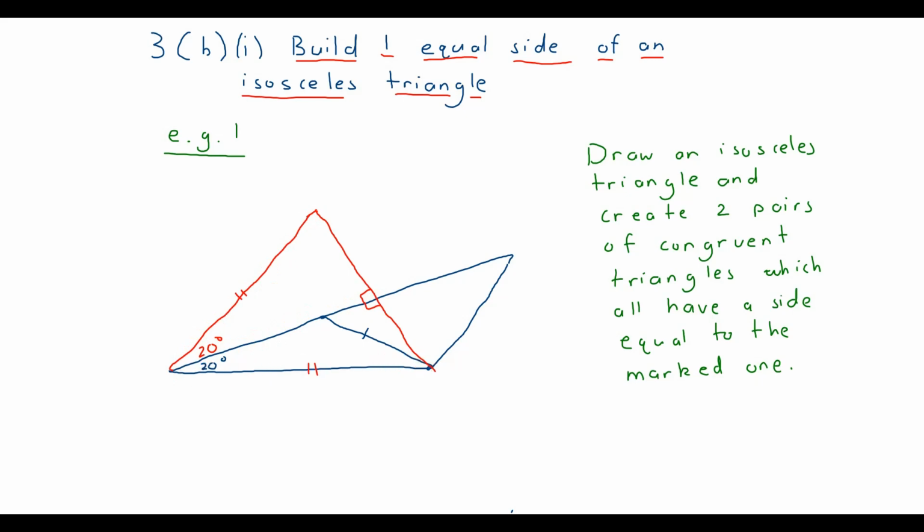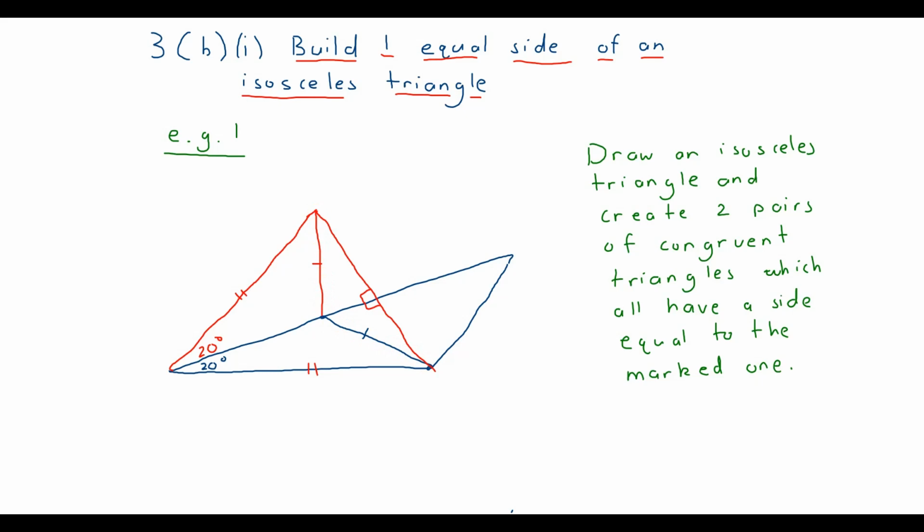So now I'm just going to add on a side here like this. But I know that this side and this side are equal because these two triangles are going to have to be congruent as well, because of course any line from a corner to a perpendicular bisector of an isosceles triangle is equal to the other one.